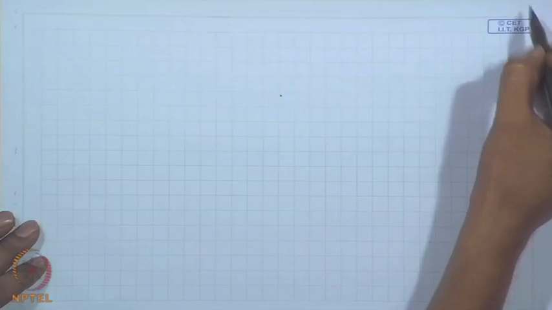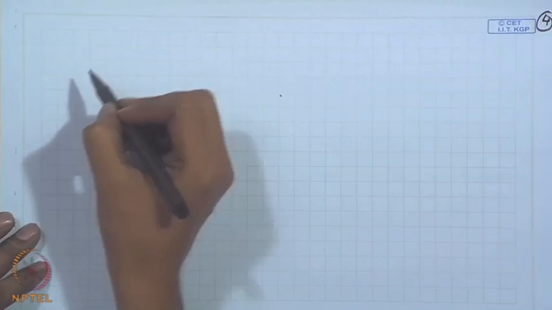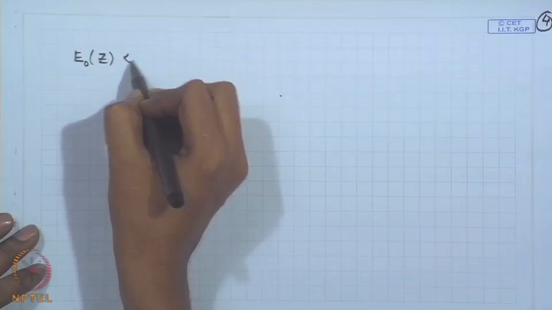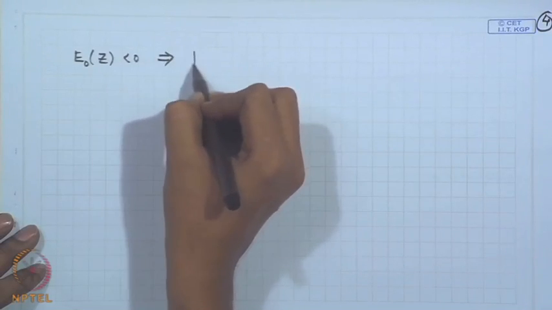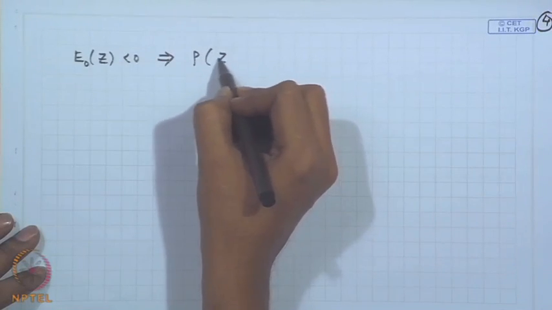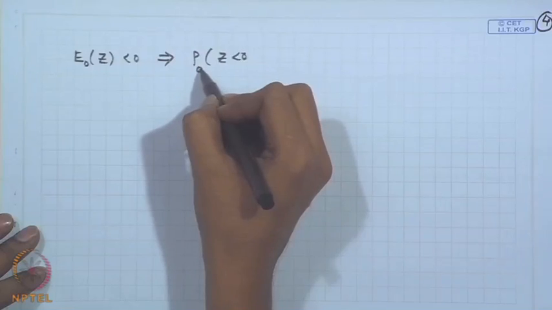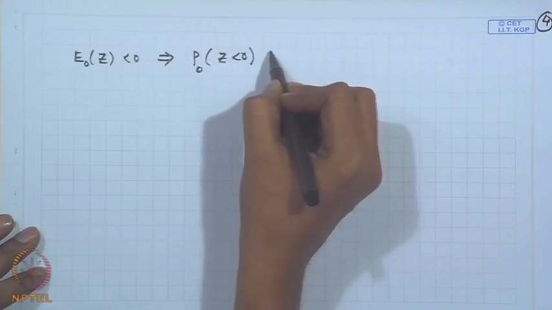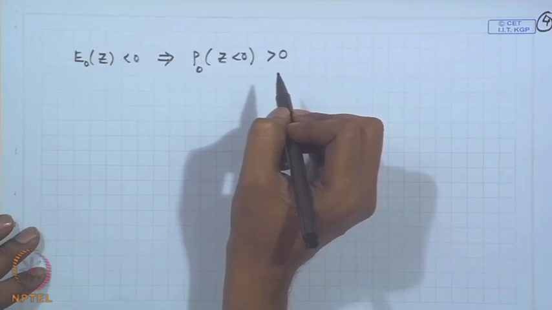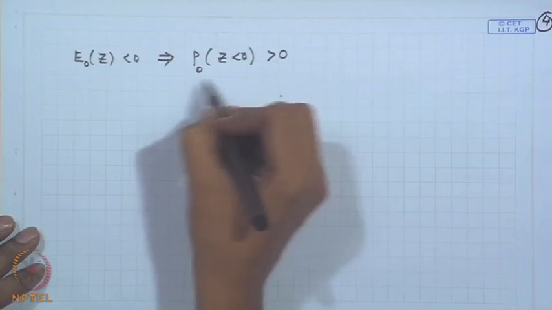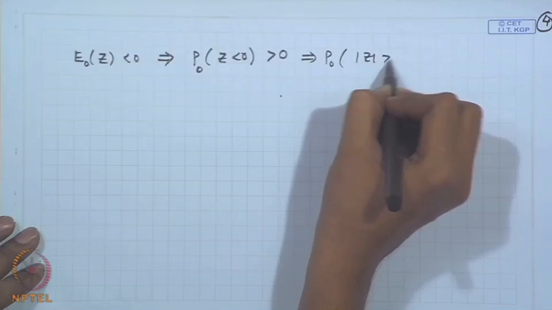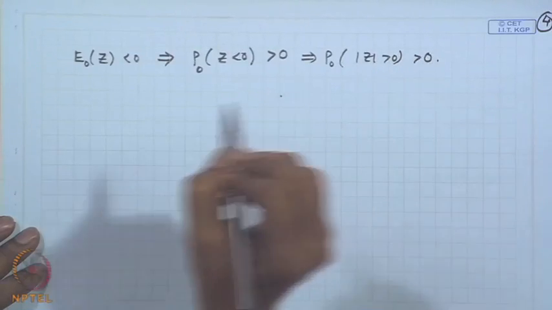So, if we consider expectation of z less than 0, under H naught, then this will imply that probability of z less than 0 is greater than 0, which will imply that probability of modulus z greater than 0 is greater than 0.